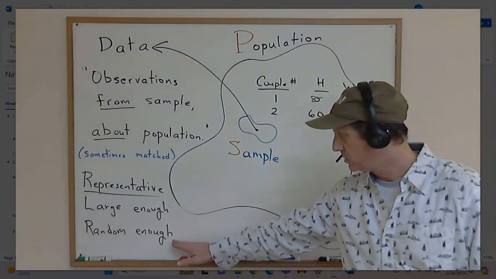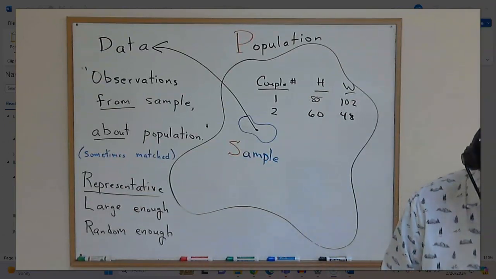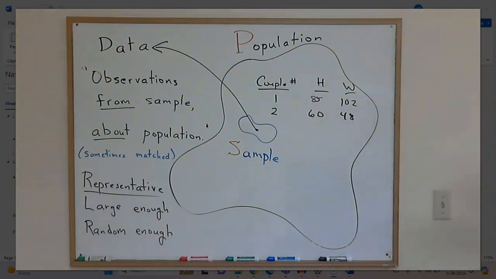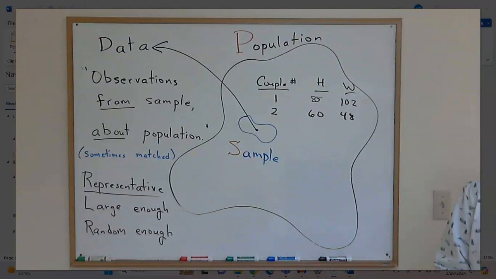A secondary issue that really is only addressed in the early parts of this course is how randomly the sample was selected. Now, in this section, all we really need to remember about randomness is that we should avoid what's called voluntary response samples.